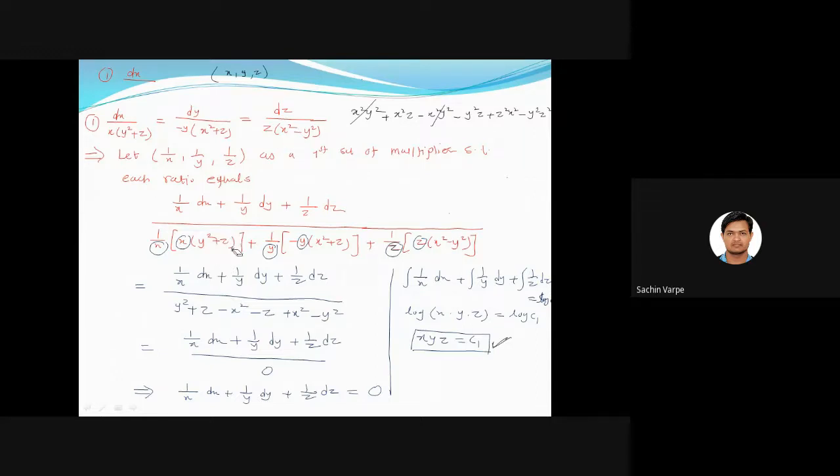What do we do? x y square, x square y. If you multiply the first ratio by x, then we'll get xy square; second by y, then minus x square y square.